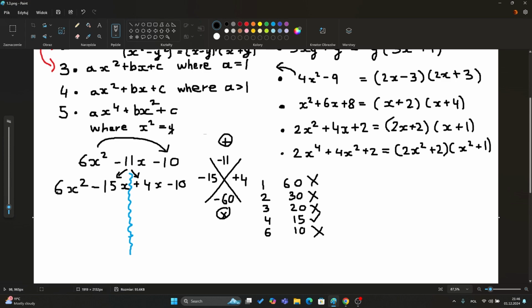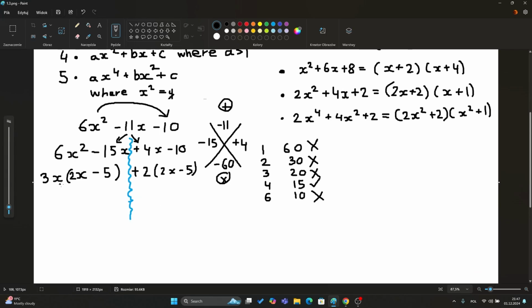So the common factor of 6x squared minus 15x is 3x. And this leaves us with 2x minus 5. We do the same for the right side, so 4x minus 10 gets also here 2 and 2x minus 5.